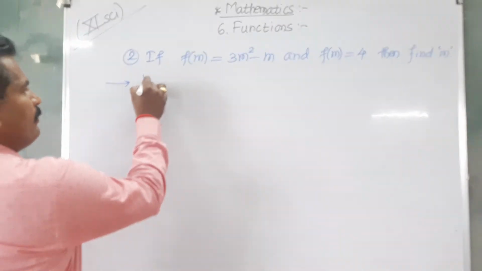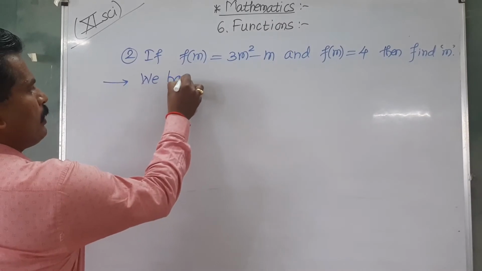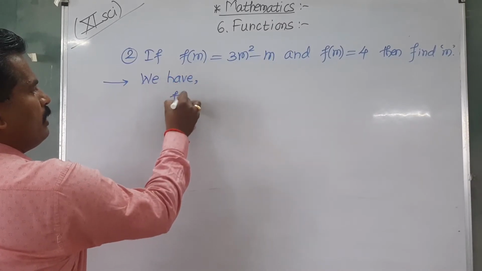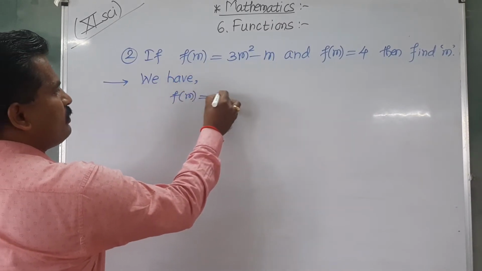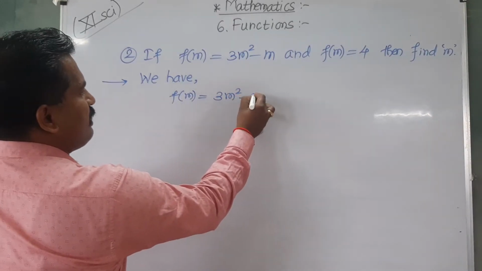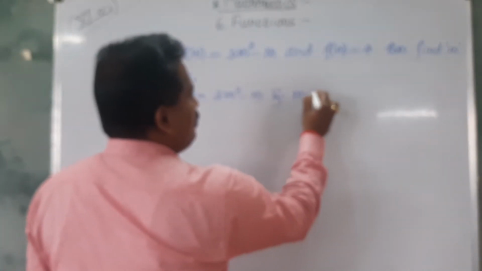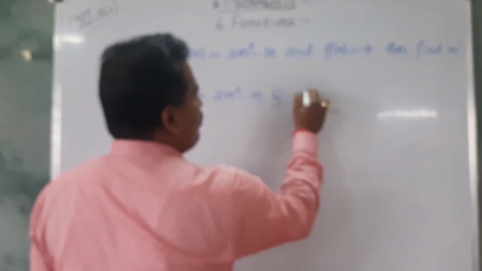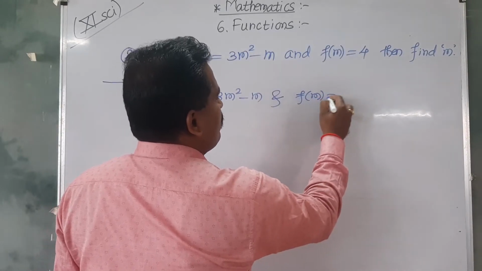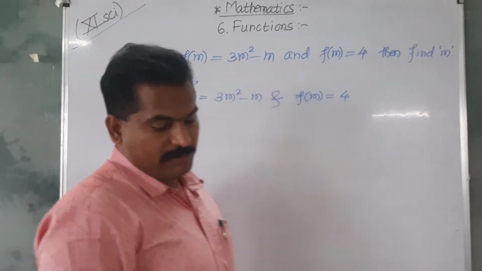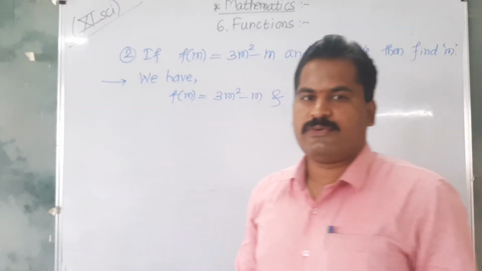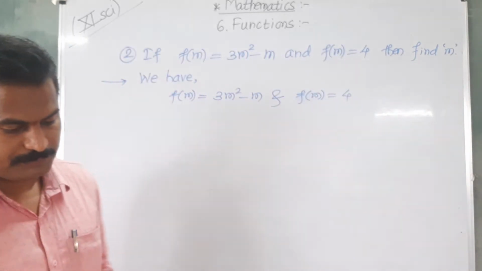We have f of m is equal to 3m square minus m, and f of m is 4. Okay.